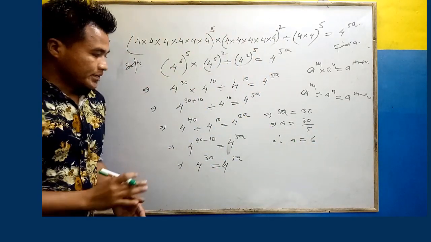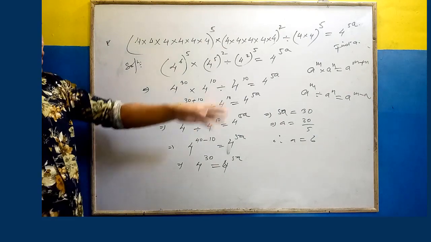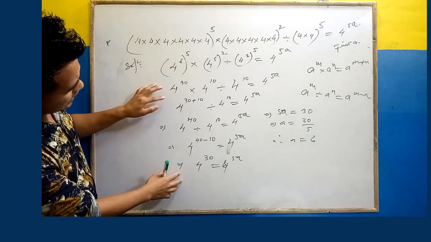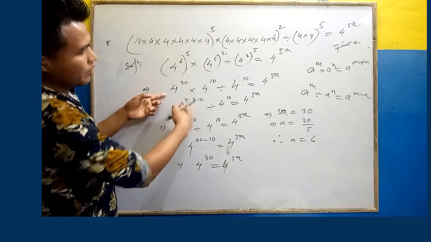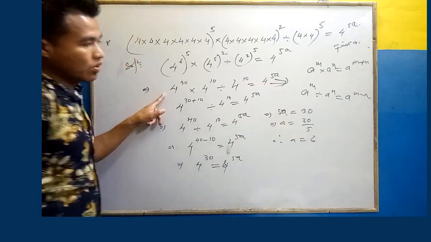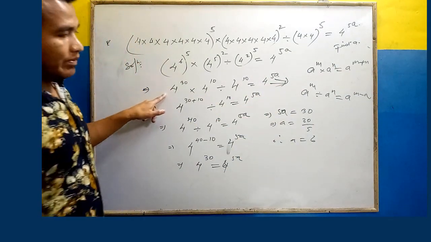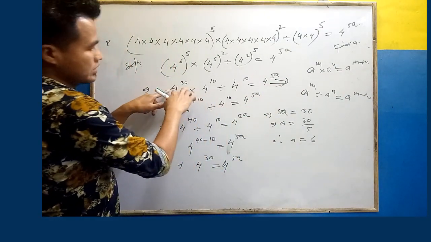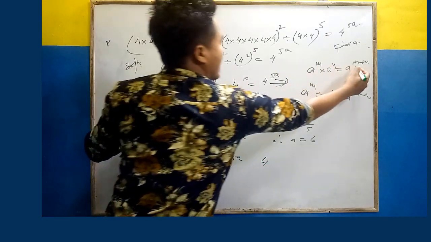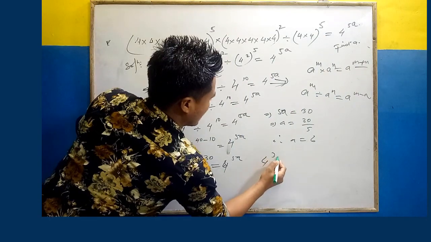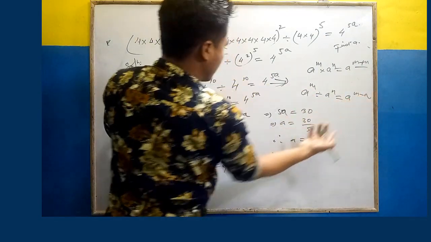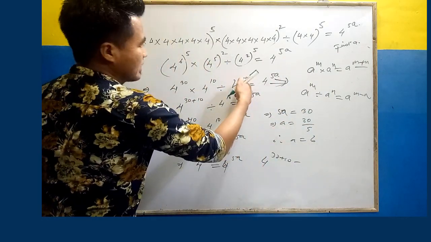Once you are thorough with how to apply the laws, I can finish directly starting from this step. Let me show you. Since this is multiplication, we add these two powers, 30 plus 10, and since this is division, we subtract this 10.